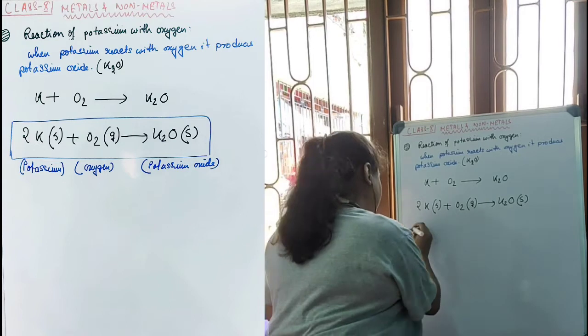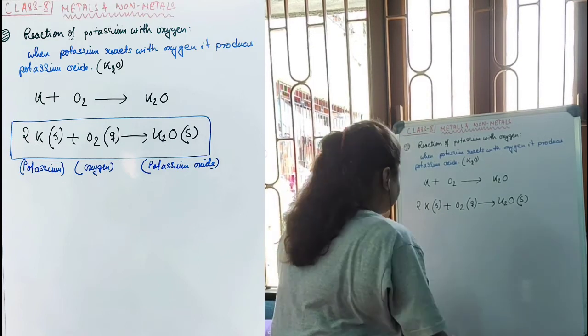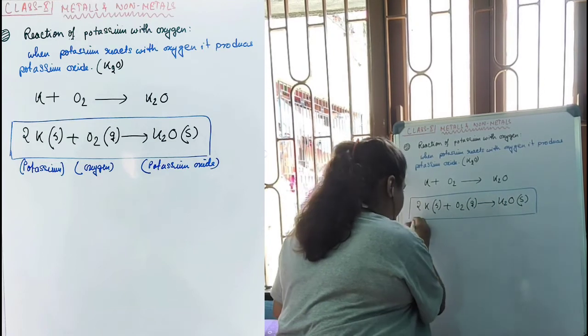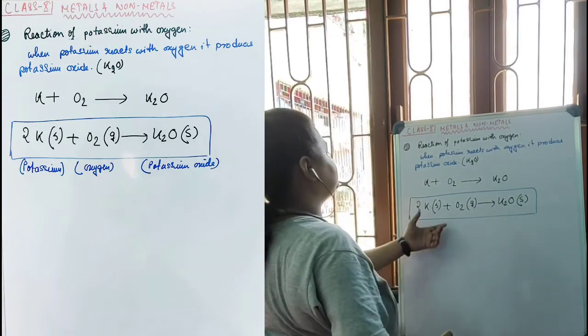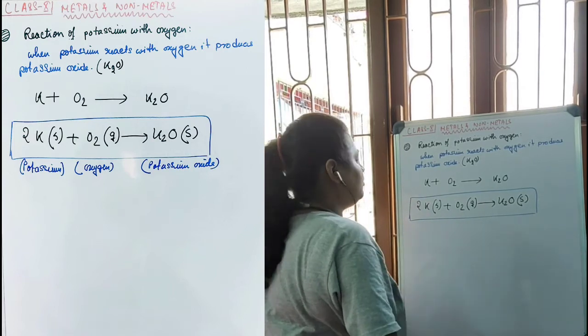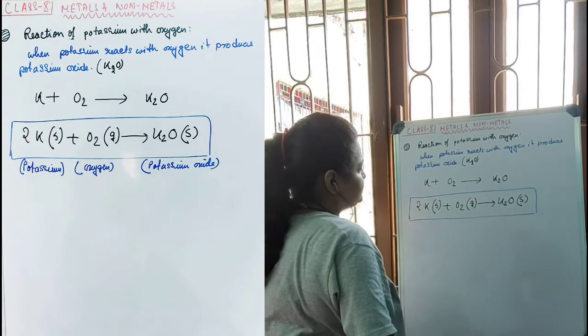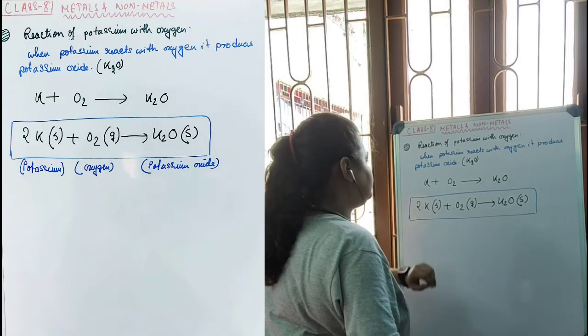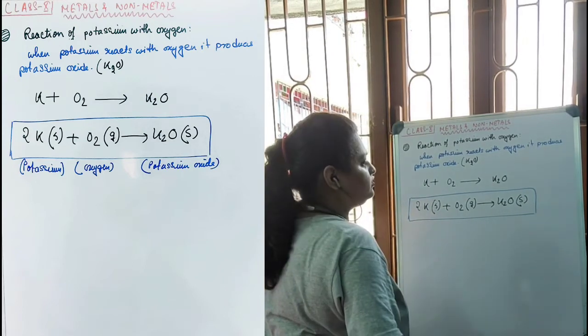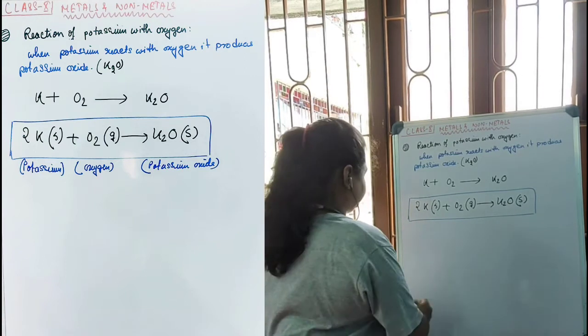Now this is the chemical balanced reaction of potassium with oxygen. You can evidently see this is actually a combination type of reaction where two atoms of potassium are reacting with one molecule of oxygen to produce one molecule of K2O in its solid form.